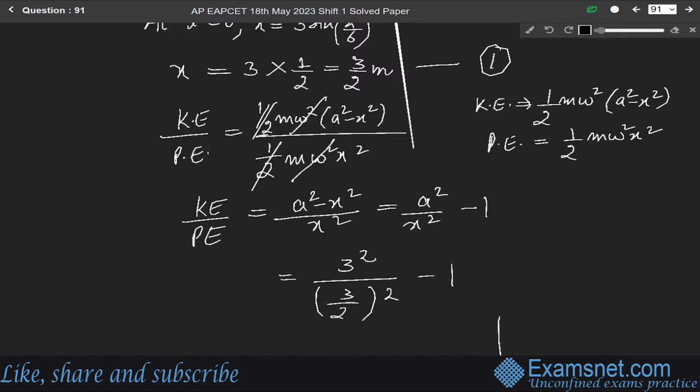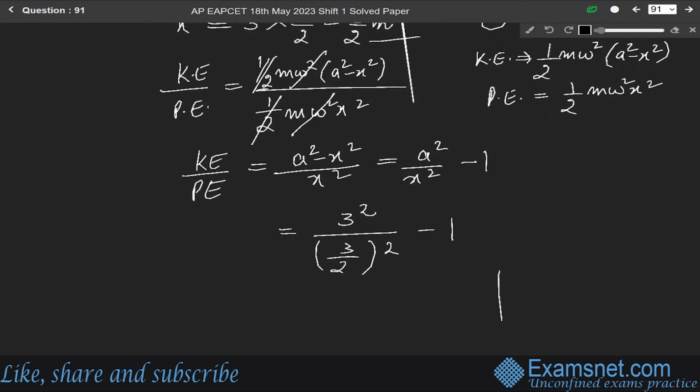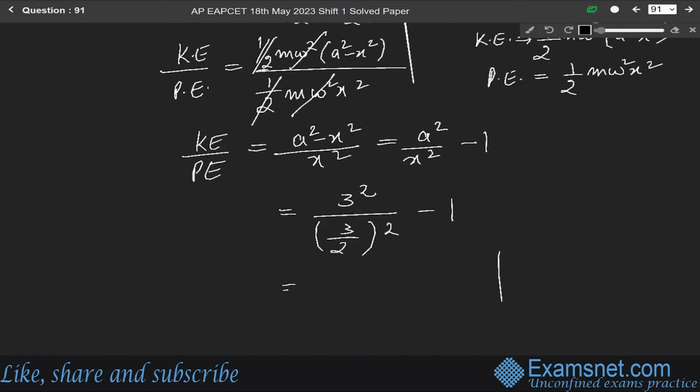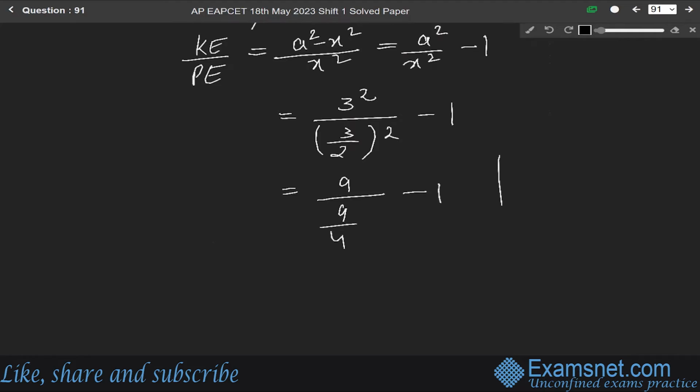From equation 1, we have put the value of x, okay? This x equals to 3 by 2 meter. So solving it, we get 9 over 9 by 4, minus 1. So this will become 4 minus 1. Sorry, this kinetic energy over potential energy will become 4 minus 1, means 3.